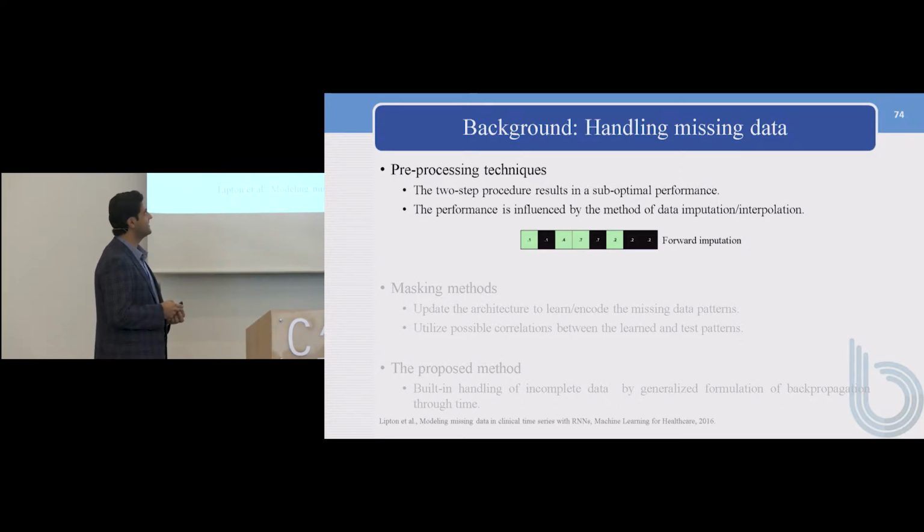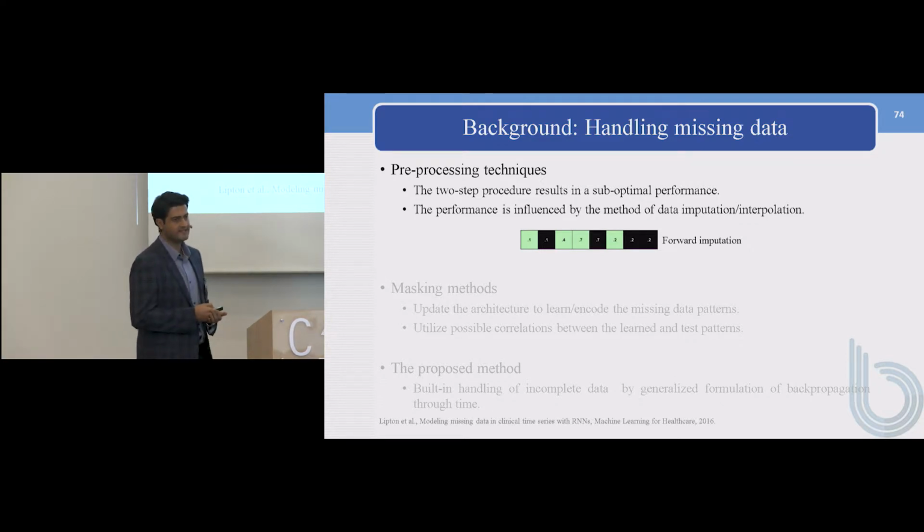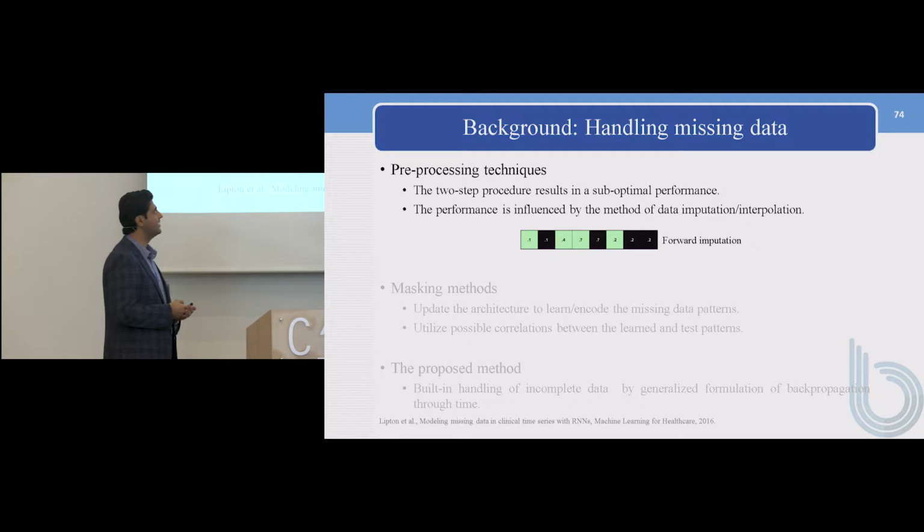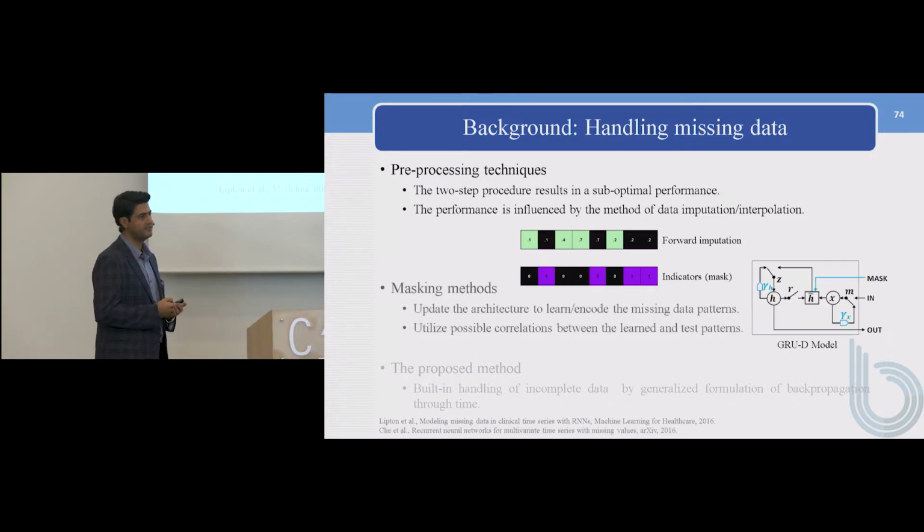For example, forward selection uses the previous available value to fill the blanks. The performance of these methods is highly influenced by the method of data imputation or interpolation.